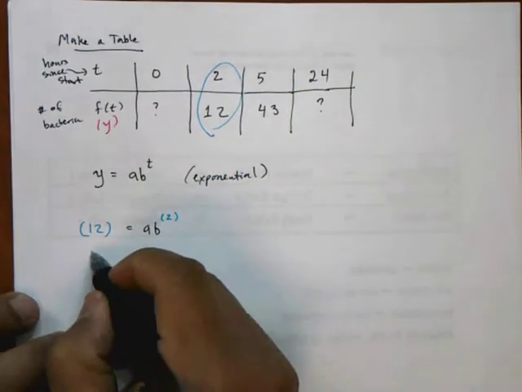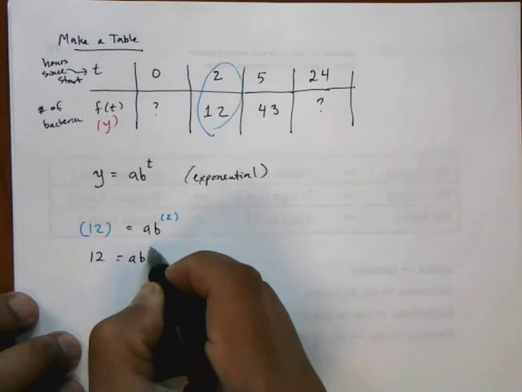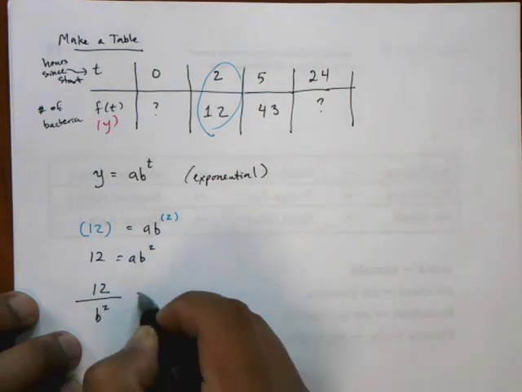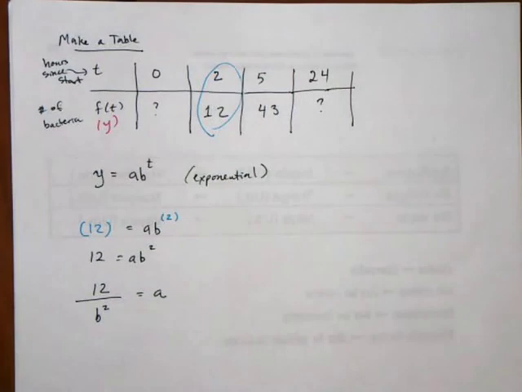And so this gives me 12 equals a b squared. 12 over b squared equals a. It doesn't really solve anything for me, but it makes things a little bit simpler so I can move on to the next phase.